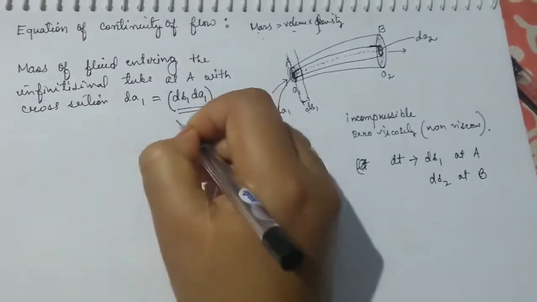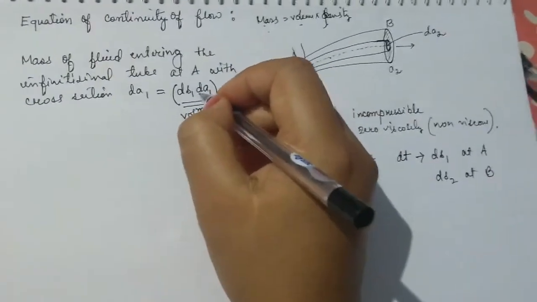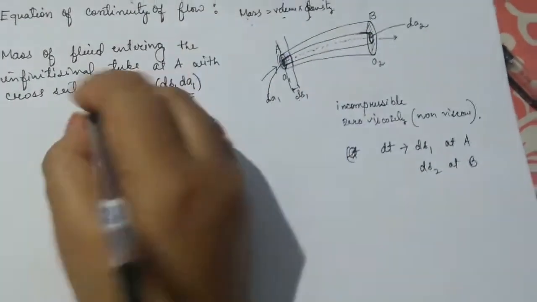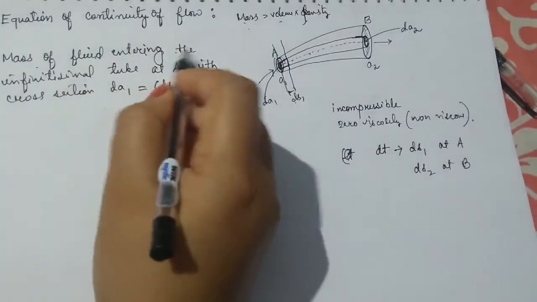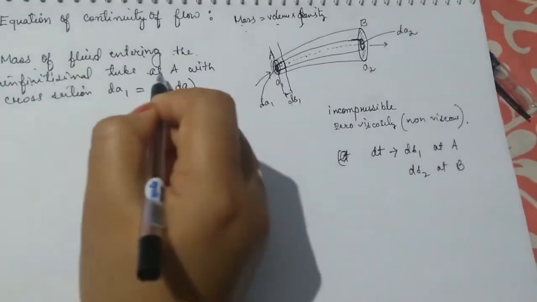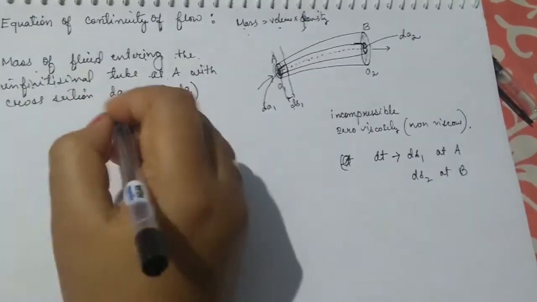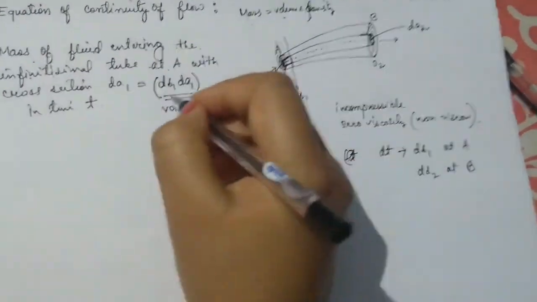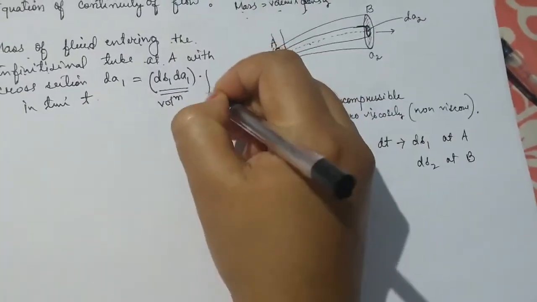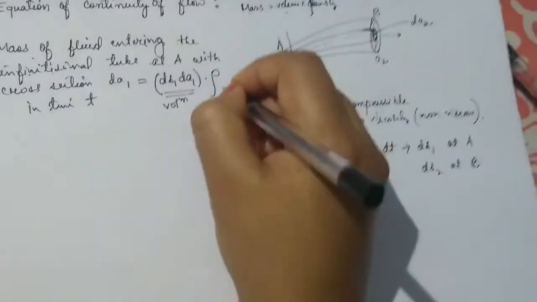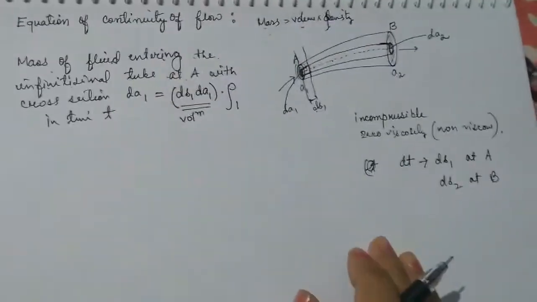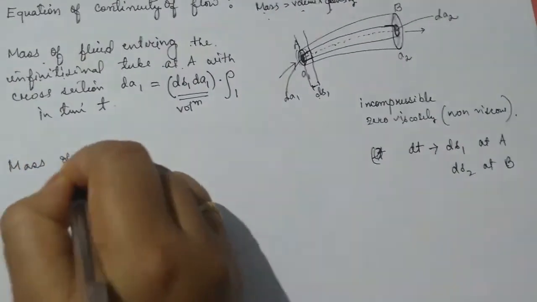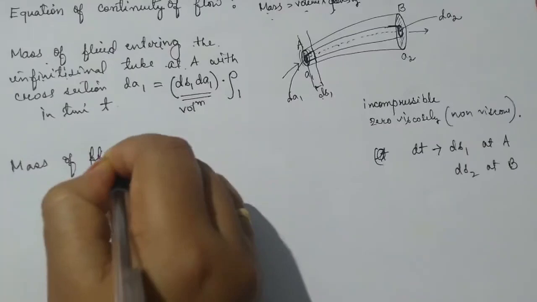This is the volume of liquid entering this cross section in time dt. So the mass of fluid entering the infinitesimal tube at A with cross section dA1 is this volume into density. Let me name the density at A as rho1.